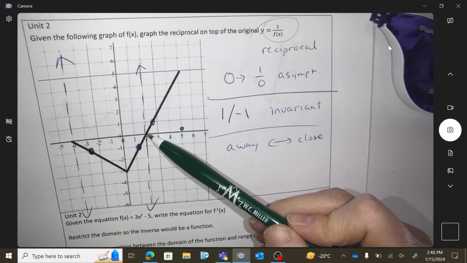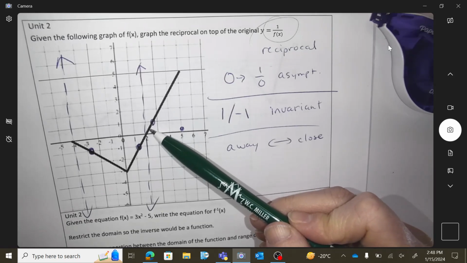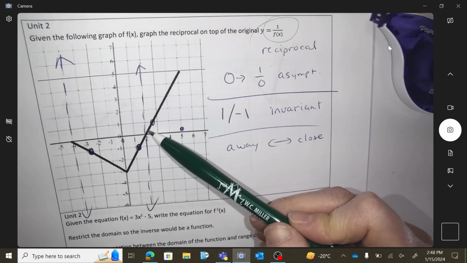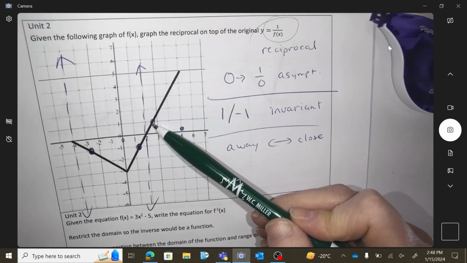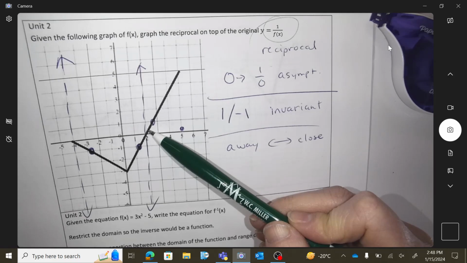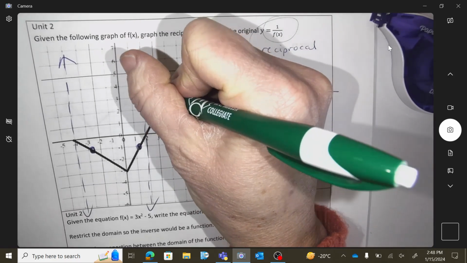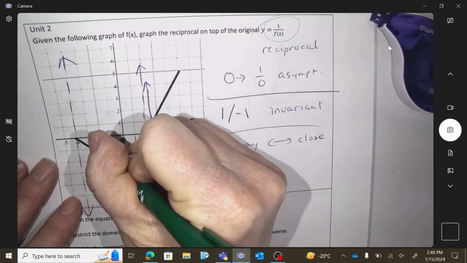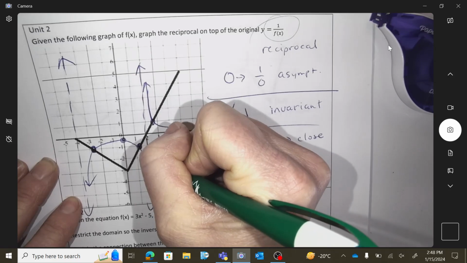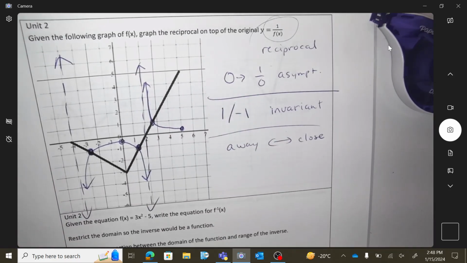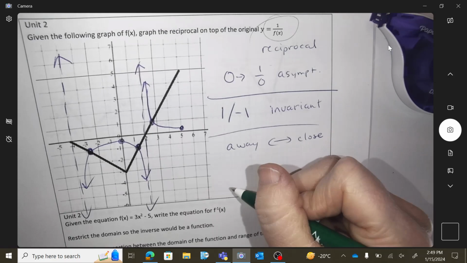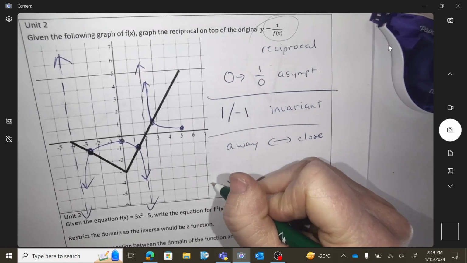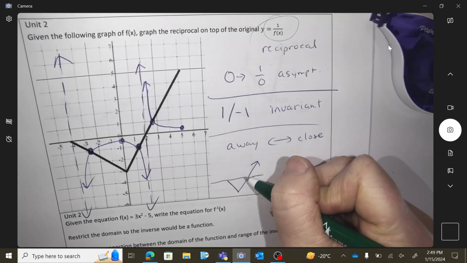Do you see the section where my pen is right now? This little section? The heights are close to 0, so now the new heights will go away from 0. Can anybody tell me if this graph was just a little different?